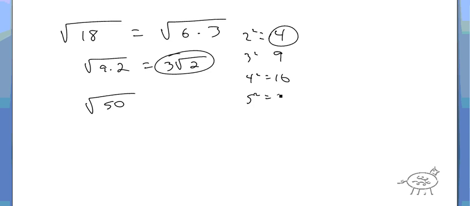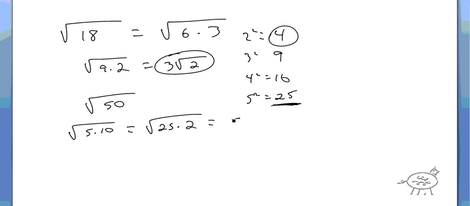So 5 squared is 25. You're looking for numbers that go into 50. Again, I could say 5 times 10, but that's not thinking outside the box. Thinking outside the box is going, oh, 25 times 2. What's the square root of 25? 5. What's left over? 2. And that's your answer.